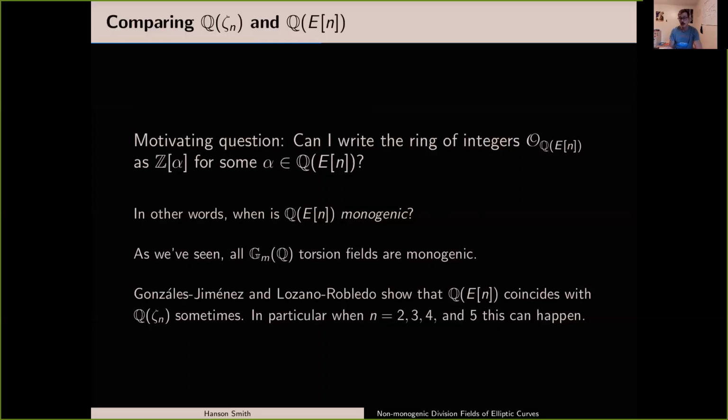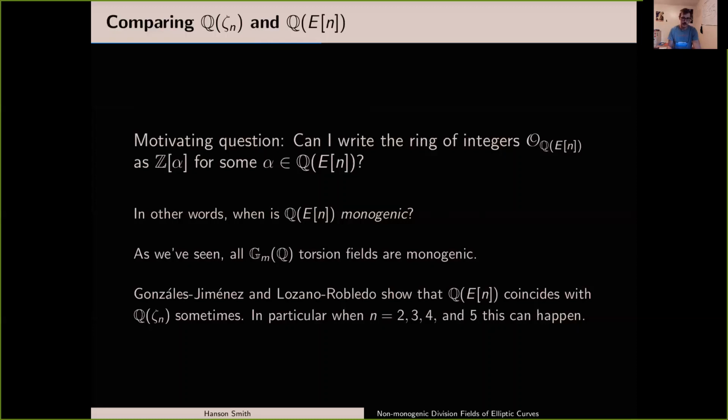In particular, when n equals 2, 3, 4, and 5, this can happen. So in these cases, because the cyclotomic field is monogenic, I know the n-torsion field is monogenic for this particular elliptic curve. So we know sometimes it's monogenic.